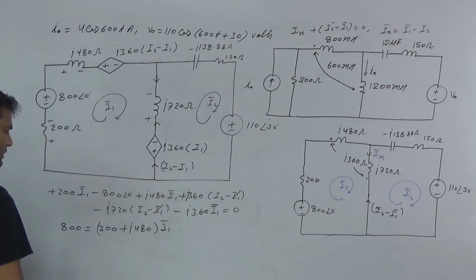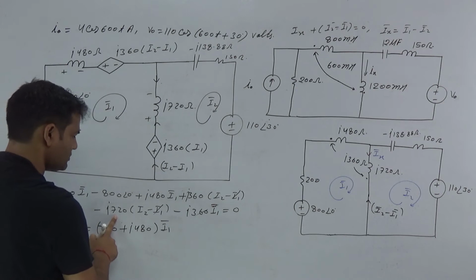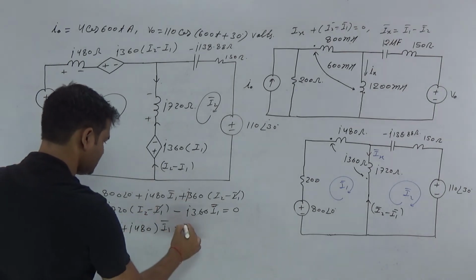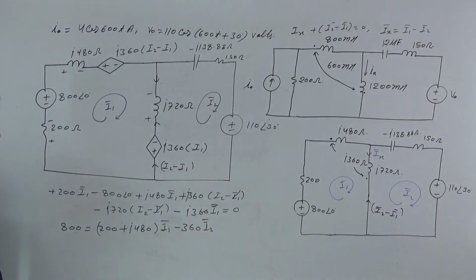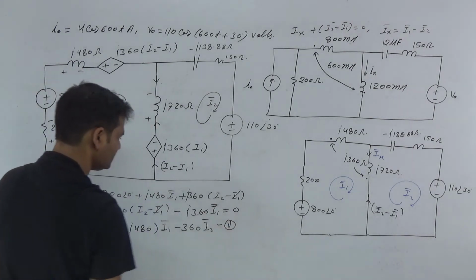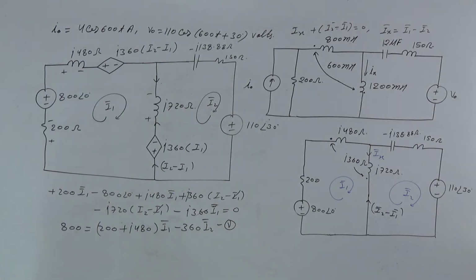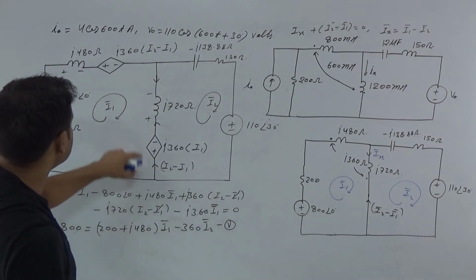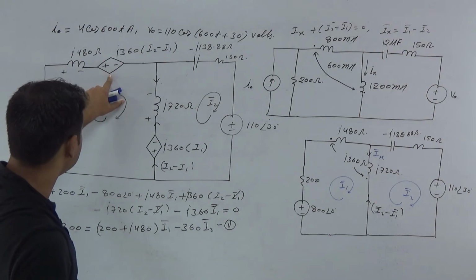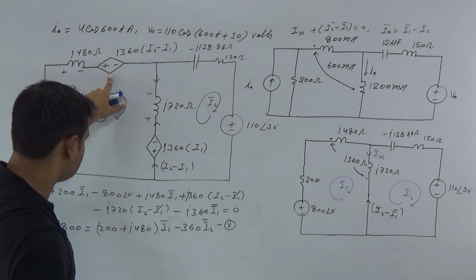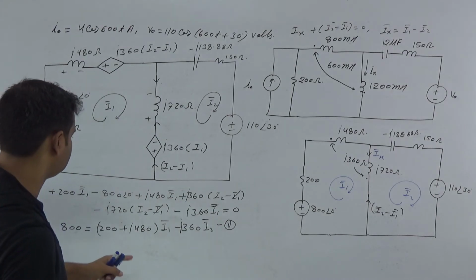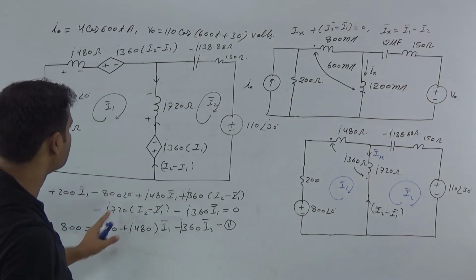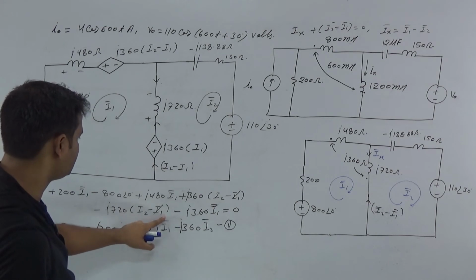Okay, and that is I2, minus 360 into I2. This clear? That is equation number 1. Clear? That is I2 minus I1 360, I2 minus J360, and corresponding to J, and minus of I2 minus I1.